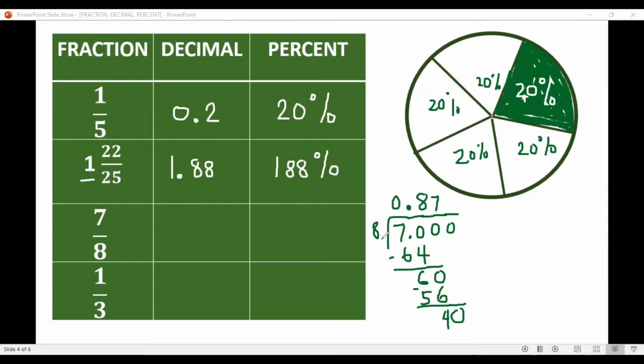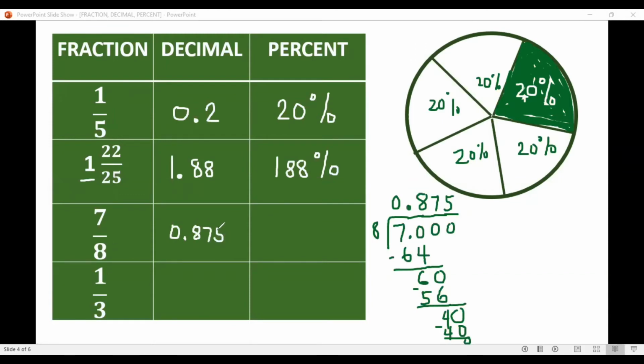So 40 divided by 8 gives us a 5. And multiplying 5 and 8 is equal to 40. So 40 minus 40 is equivalent to 0. That means the answer that we are getting here is 0.875 or 875 thousandths.